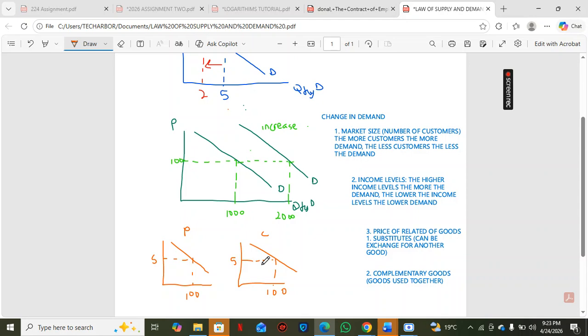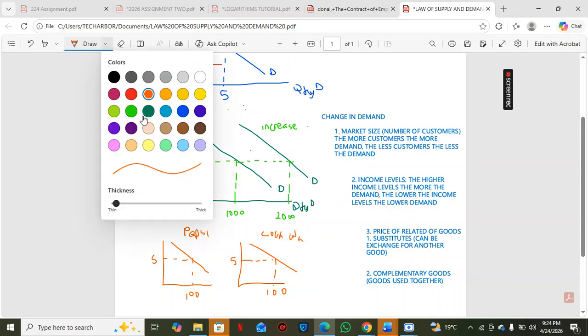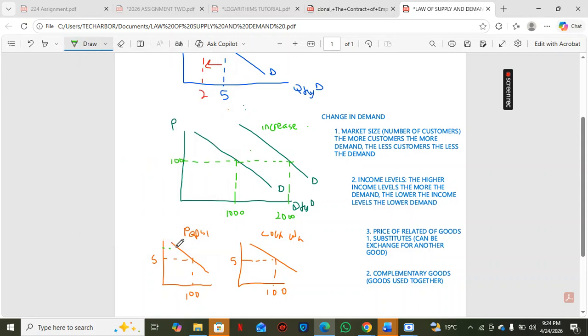They can be interexchanged. Now, with substitute goods, let's say for example the price of Pepsi rises from 5 kwacha to 10 kwacha, it doubles. You'll find Pepsi becomes more expensive than Coca-Cola.